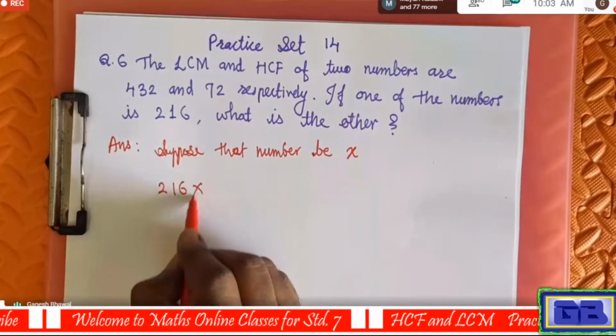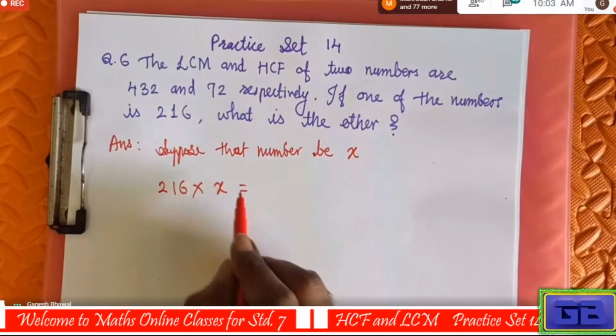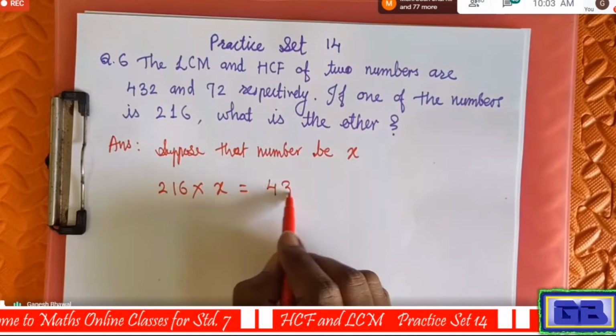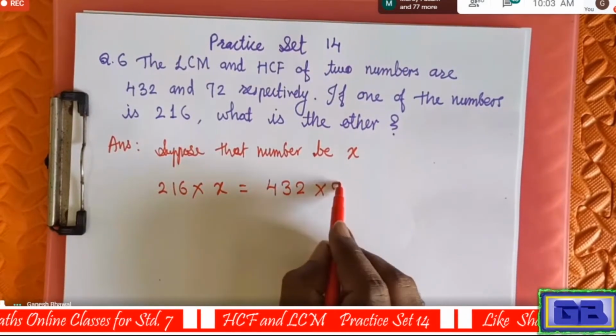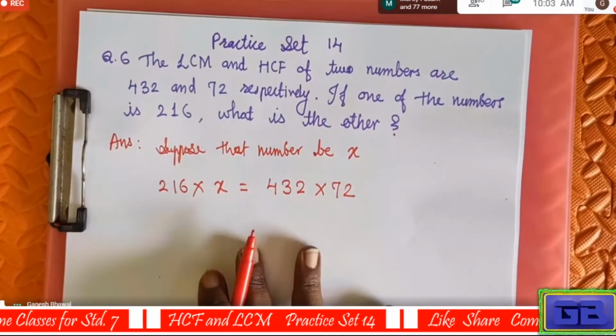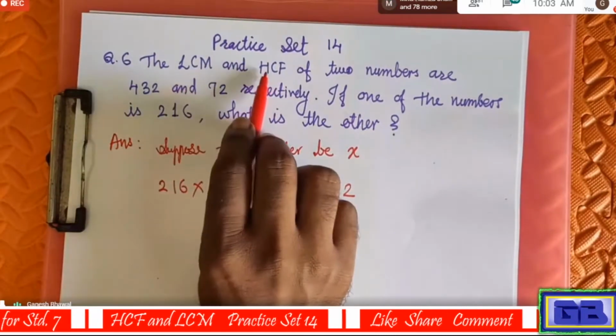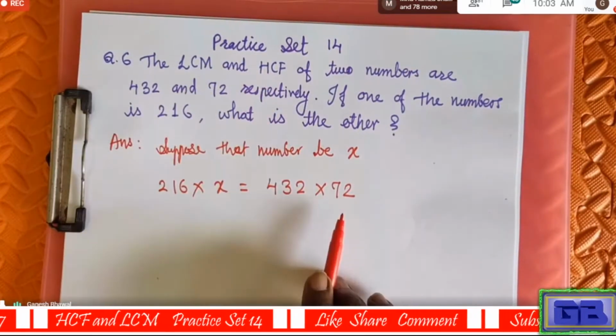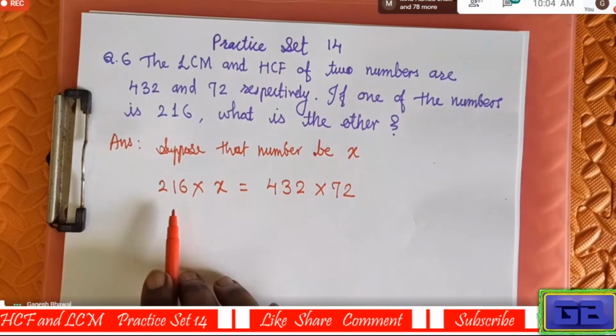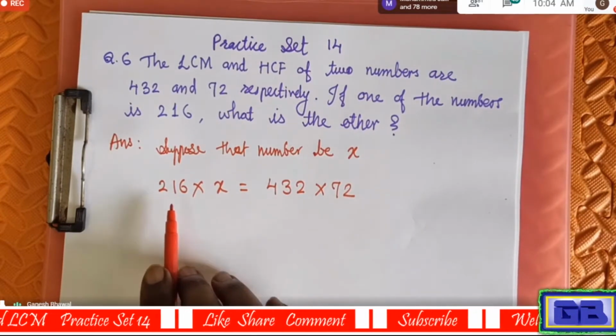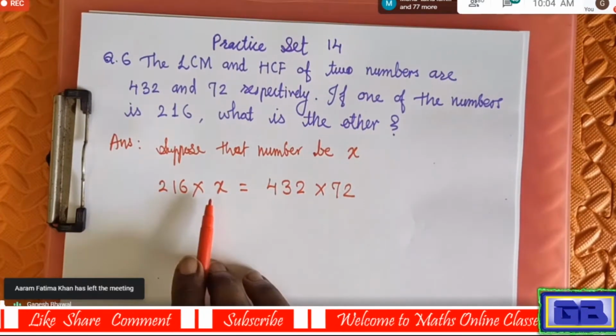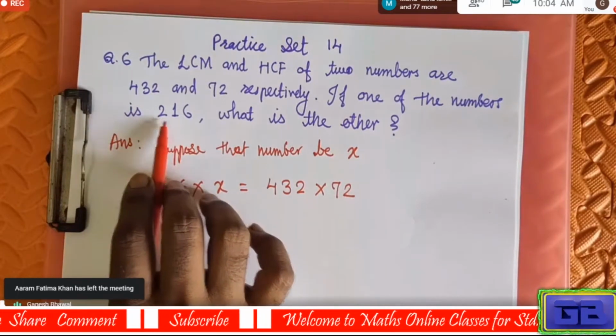It means 216 multiplied by X equals 432 into 72. As I said, the product of LCM and HCF is equal to the product of the two numbers. Out of these two numbers, one number is given, 216.